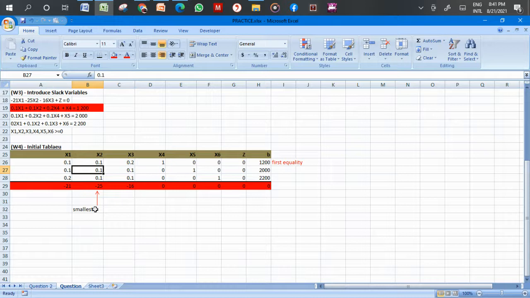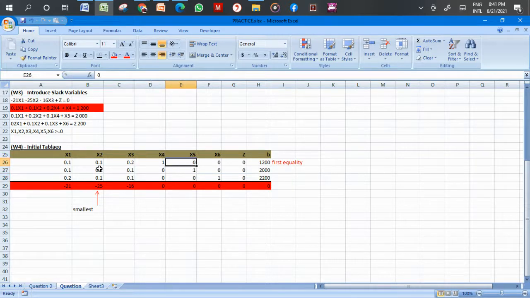I just want to check something. Something is not right on our second equation. Our second equation should be 0.2, 0.2. So let me check: 0.1, 0.1, 0.2, 0.1, 0.2, 0.1, then 0.2, 0.1, 0.1.